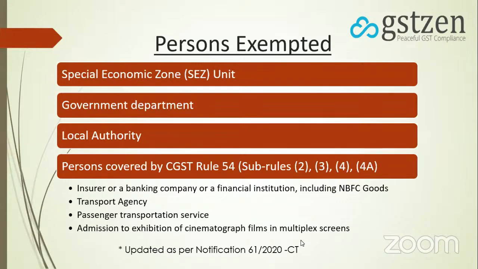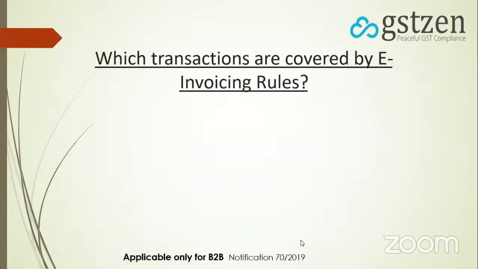So transport agency is not eligible for e-invoicing. They do not have to generate e-invoices. Passenger transportation service, again under transportation business. Admission to exhibition of cinematograph films in multiplex screens. So this is also exempted from e-invoicing.